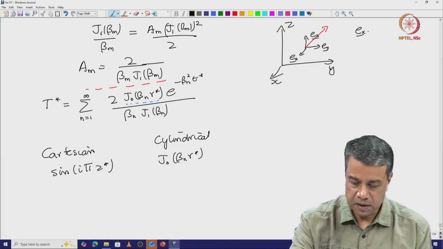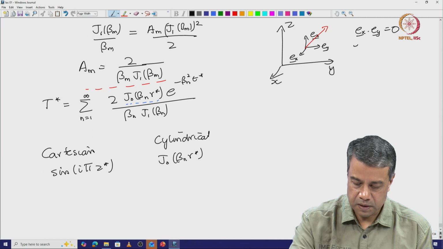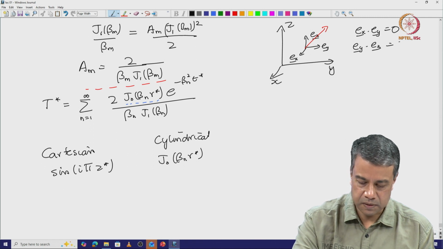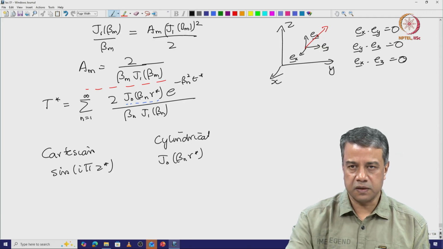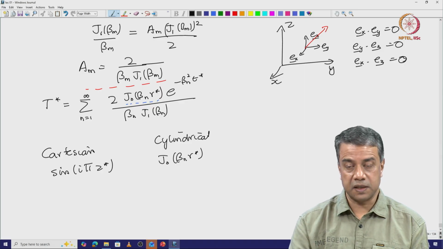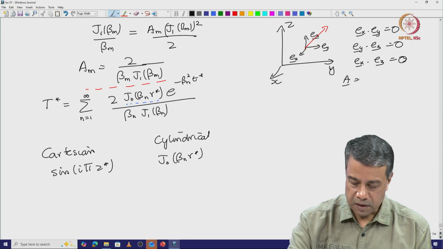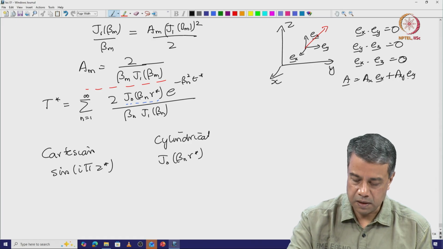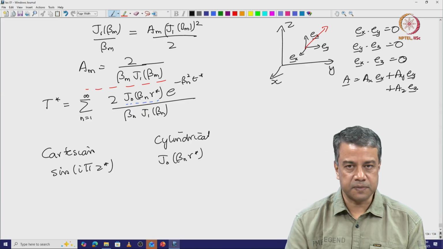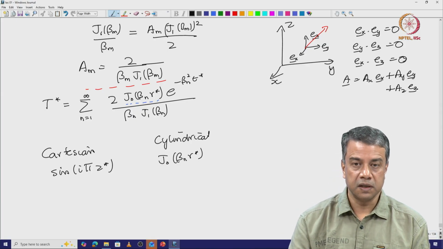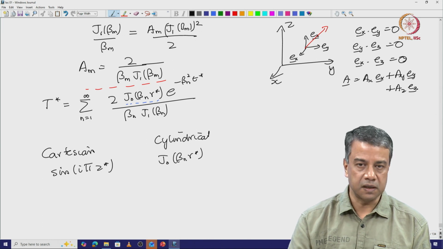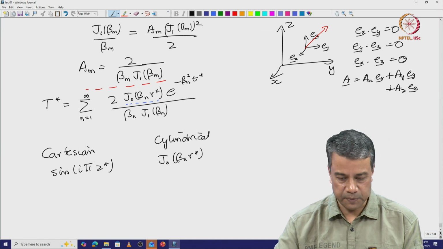So, Ex dot Ey is equal to 0, Ey dot Ez is equal to 0, Ex dot Ez is equal to 0. Therefore, I have a unique representation of any vector as the sum of Ax times Ex plus Ay Ey plus Az Ez. I have this unique expression because these vectors are orthogonal and they span the space. Three dimensional space is spanned by three perpendicular vectors.